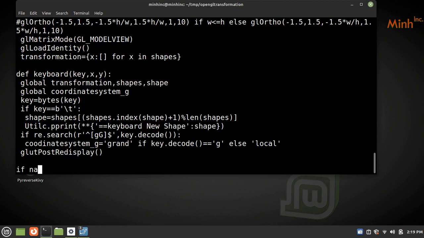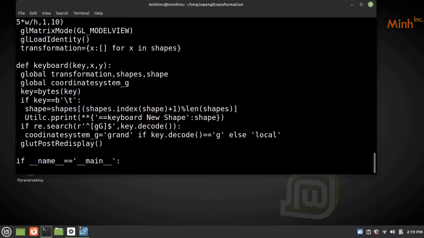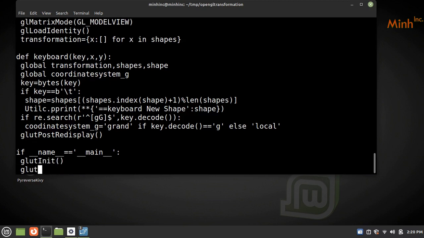If name equal to main, glut init display mode, glut single, we are still using single, glut RGB, glut depth.